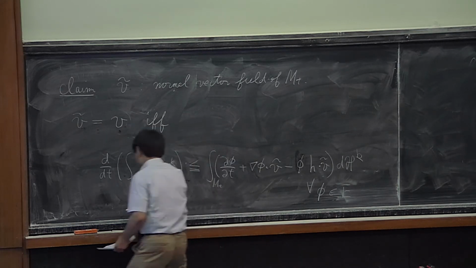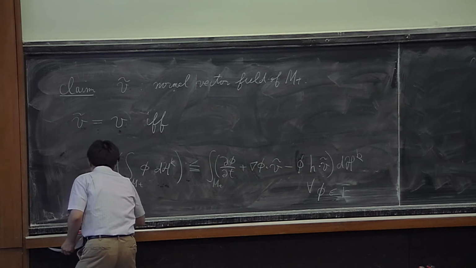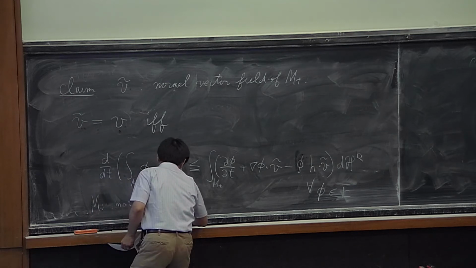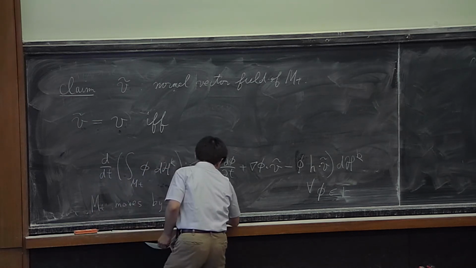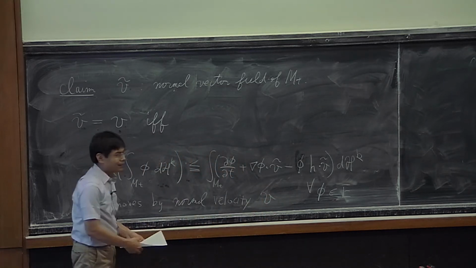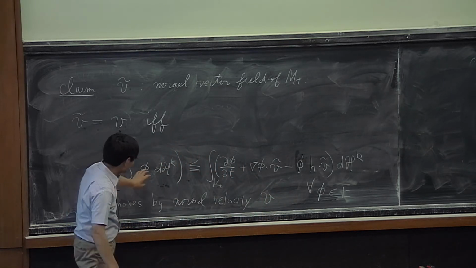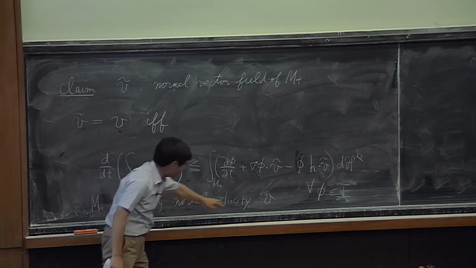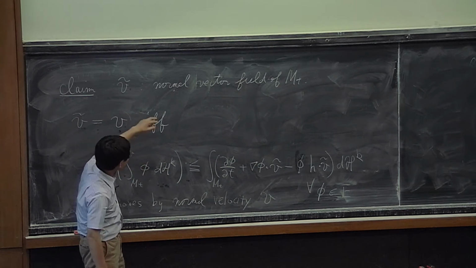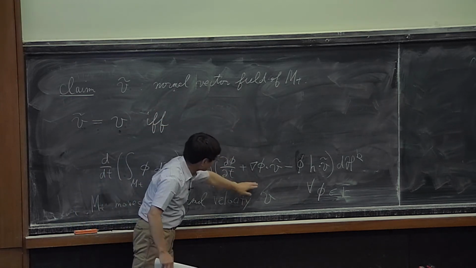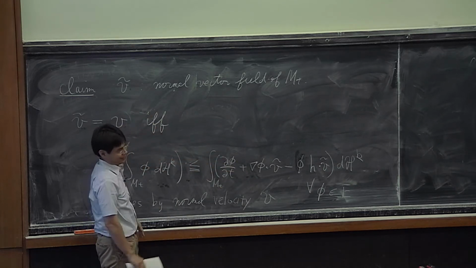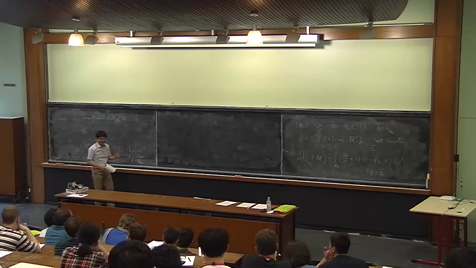So here MT moves by normal velocity v. So this guy is moving by velocity v, and suppose you had a normal vector field satisfying this condition, then that has to be the velocity vector. I hope that's clear.